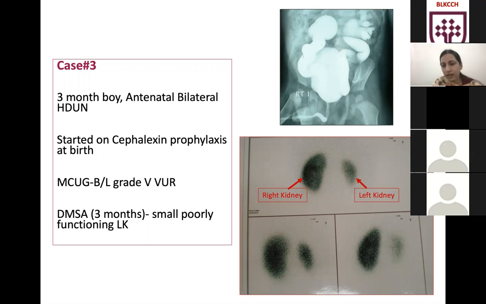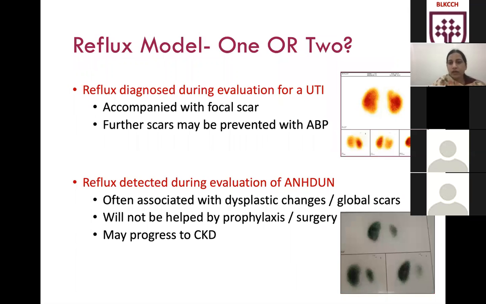And here we can see the outline of the kidney is not disturbed as such. You cannot see a focal scarring, but overall there is global hypofunction of the left kidney. So this is likely due to hypodysplasia of the left kidney, which has already happened, maybe due to reflux which has been present in utero.